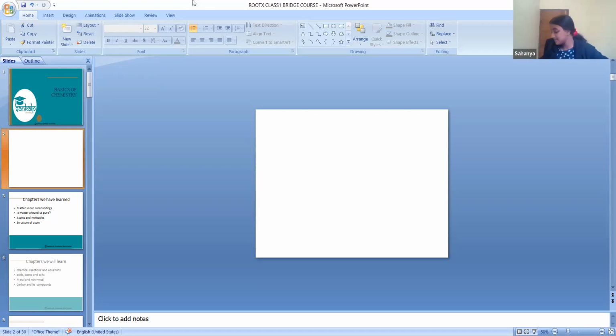Now you have that scale in your hand. Just measure the length of the book, whatever notebook you use. Tell me the page length and breadth.